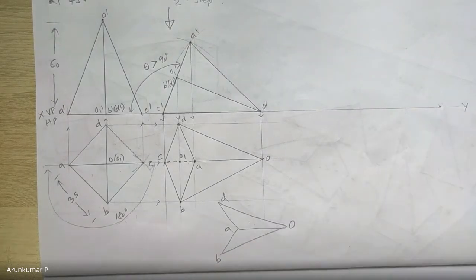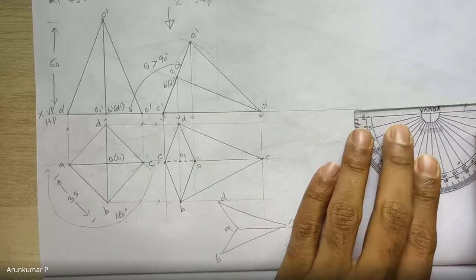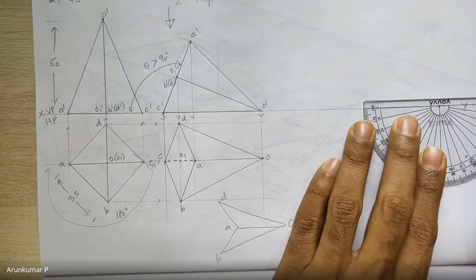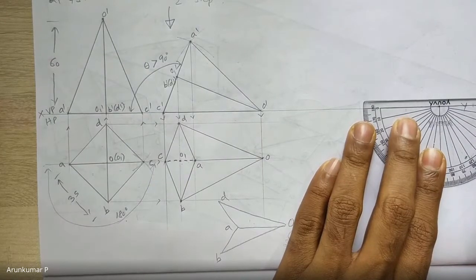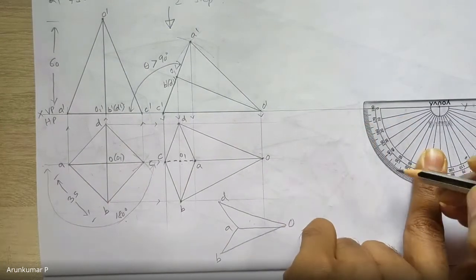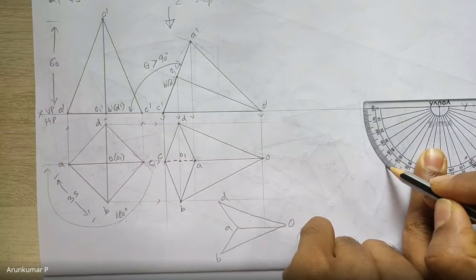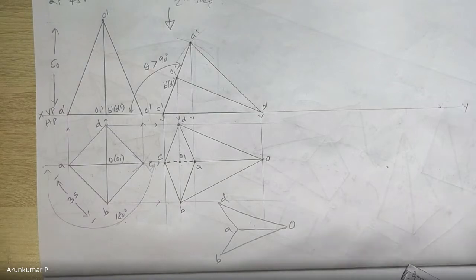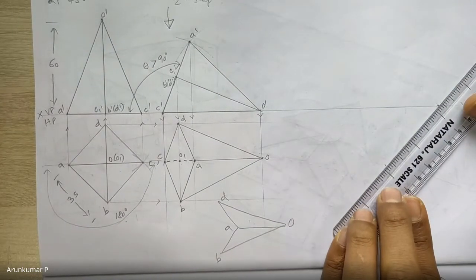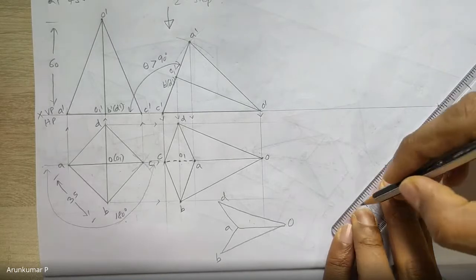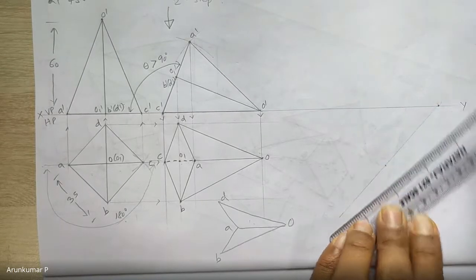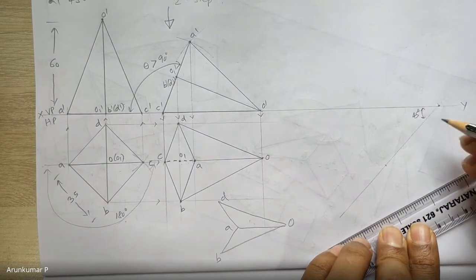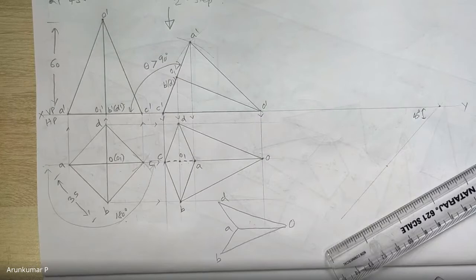So I'll mark a point here and draw the 45-degree line. So this is the 45-degree line which I'm going to draw.